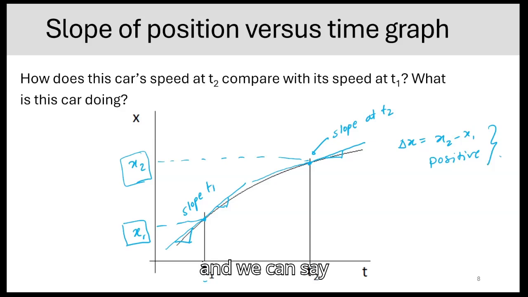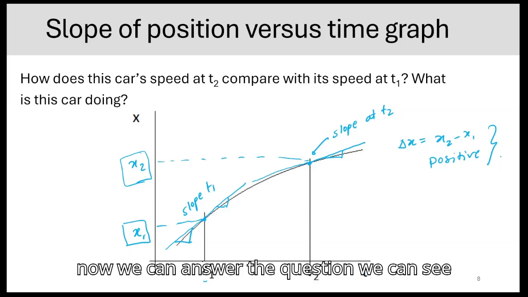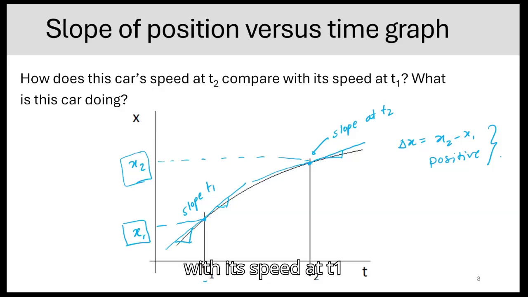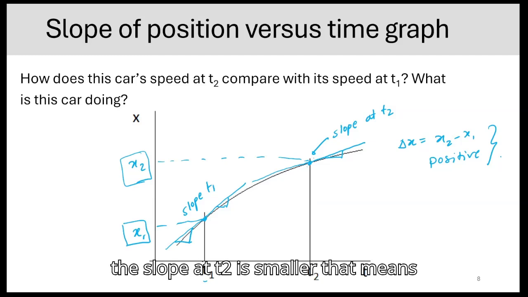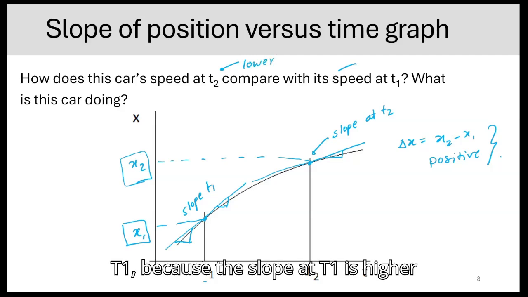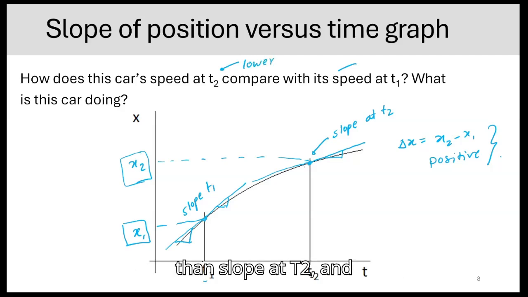Now we can answer the question. How does this car's speed at t2 compare with its speed at t1? Now we just drew the slope. So the slope at t2 is smaller. That means speed at t2 is lower than t1, because the slope at t1 is higher than slope at t2.